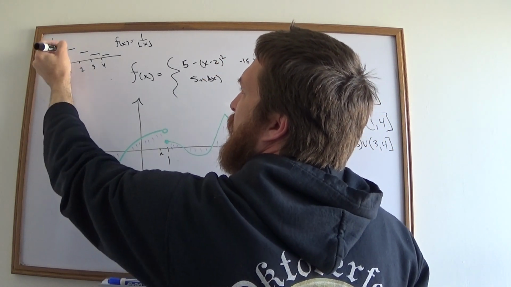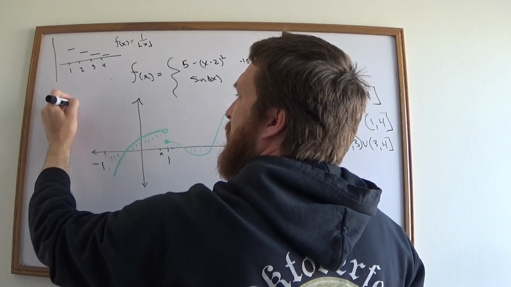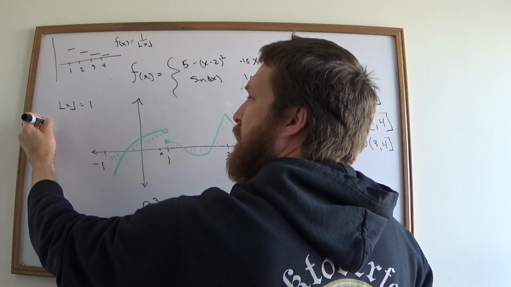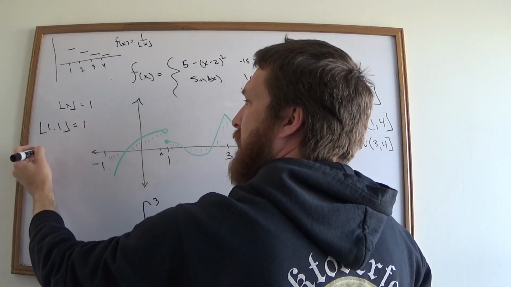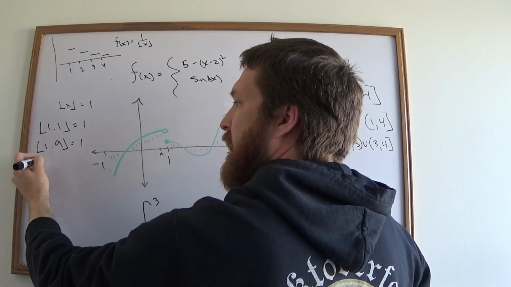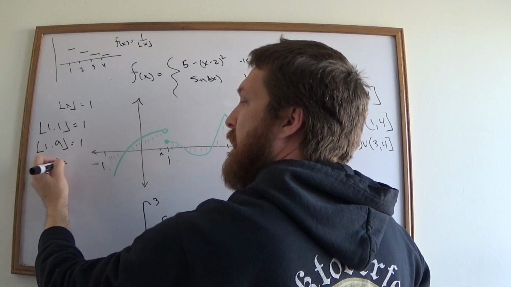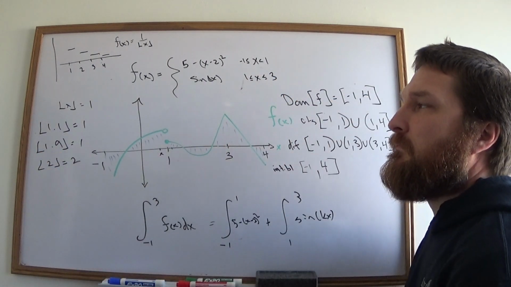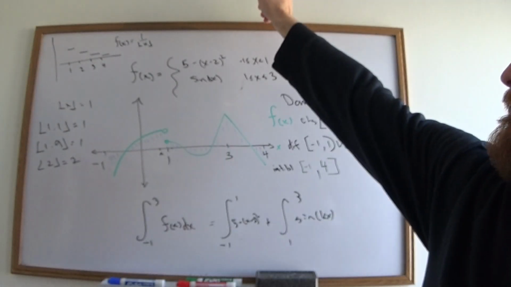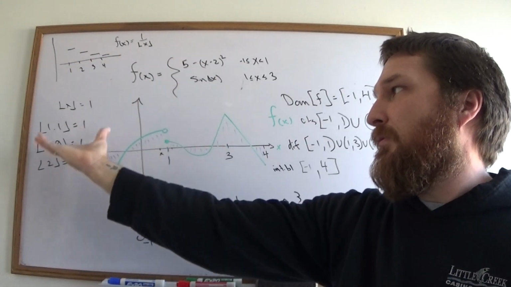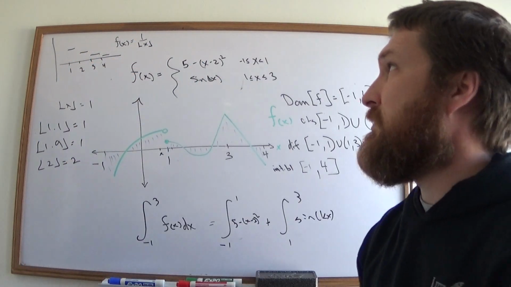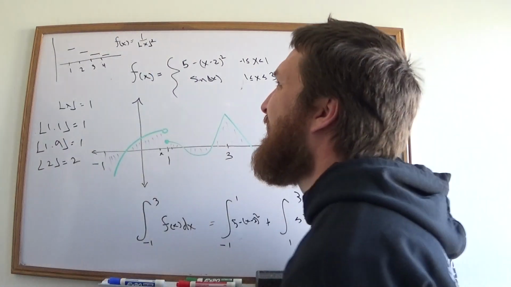From 1 to 2, floor x is just 1. So floor of 1.1 is 1. Floor of 1.9, still 1. Floor of 2, now it jumps up to 2. You can integrate this guy, right? It would be a Riemann sum, or I mean, it would be an infinite sum. It actually doesn't converge. But if you do this, then it would converge.